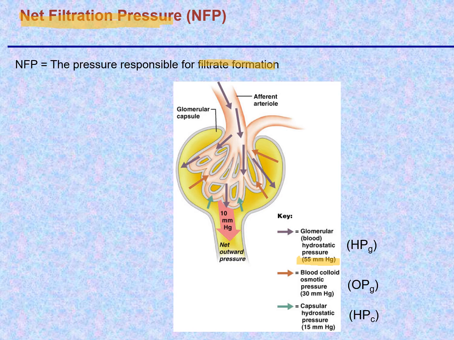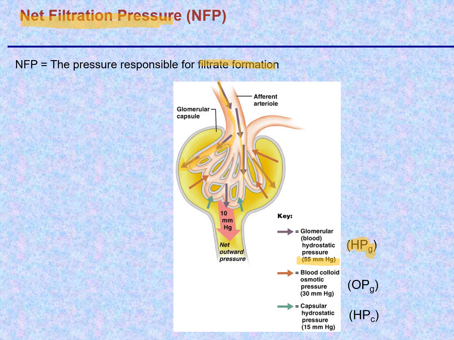That's abbreviated HPG, hydrostatic pressure of the glomerulus, shown here in these purple arrows, showing blood pressure pushing filtrate out.